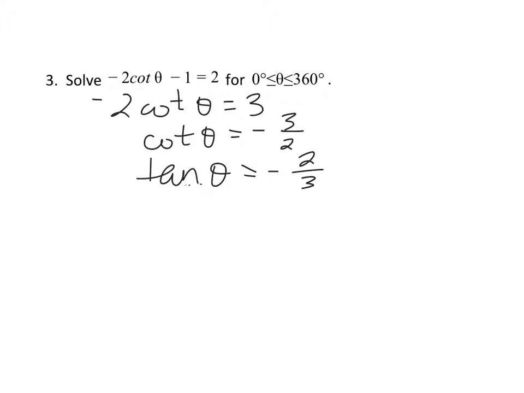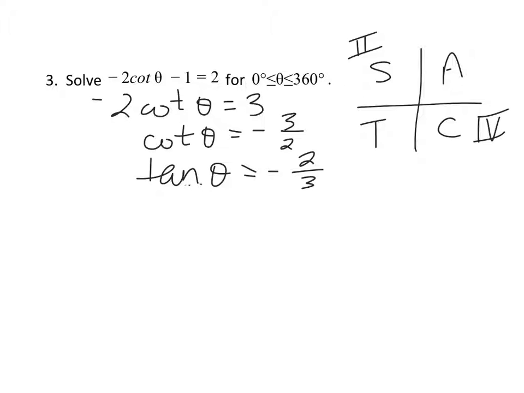And then we're going to look at our CAST rule and say, okay, when is tan negative? And tan is going to be negative in quadrant 4 and quadrant 2. So now, what is negative 2 over 3? Well, it's 0.6666666666.